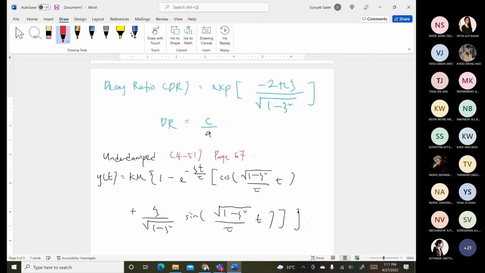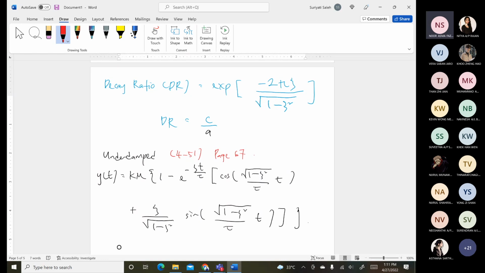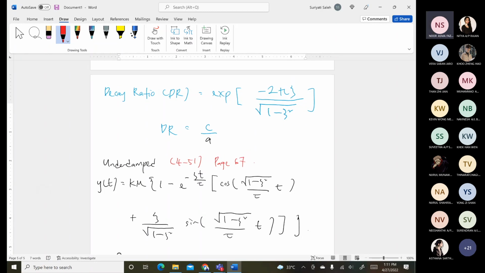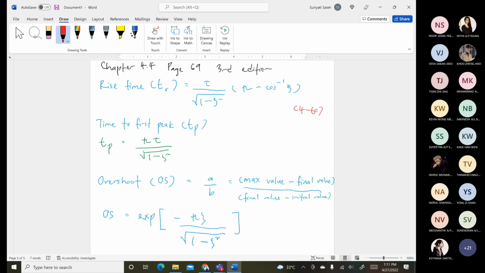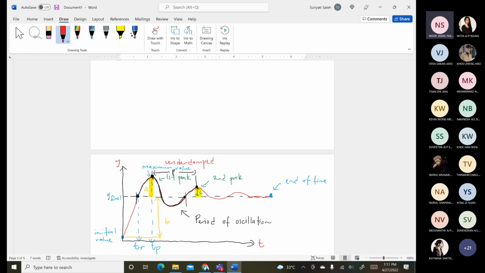So when we employ the underdamped inverse Laplace response, if we put in the values, then due to the cosine and sine, in the end you will get the oscillation response like this. That's why the equation is complicated, because you want to represent the desired process.